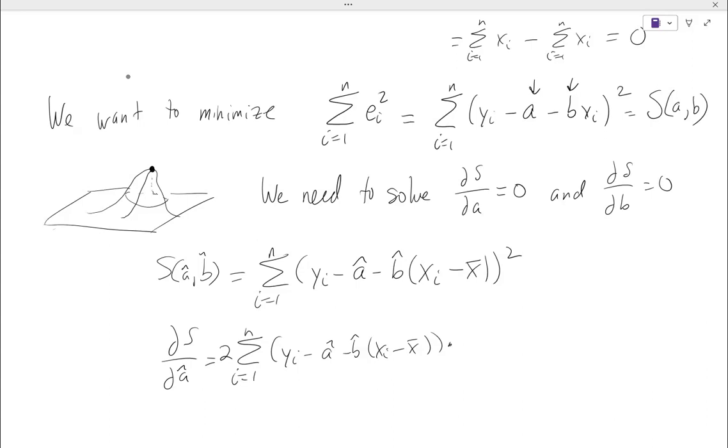So what's the derivative of the inside with respect to a hat? If I differentiate the a, you get a -1, because the other terms drop out. This is going to be a 0 because there's no a's in it. This will be 0 because there's no a's in it. So we just get -1.